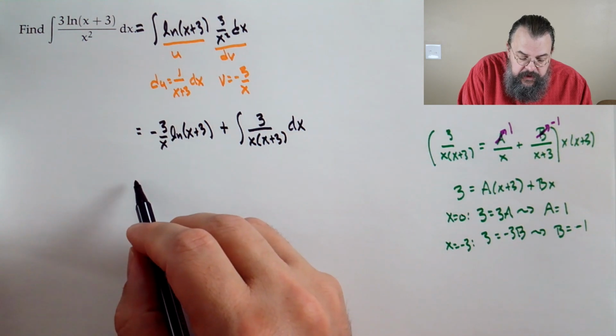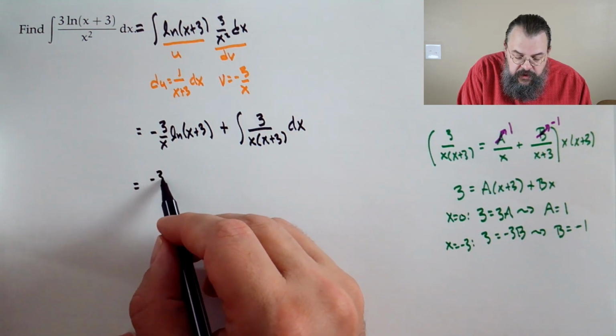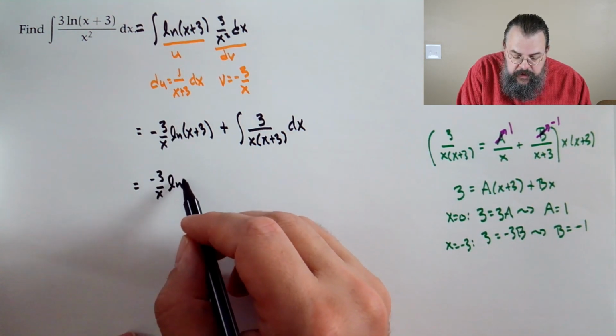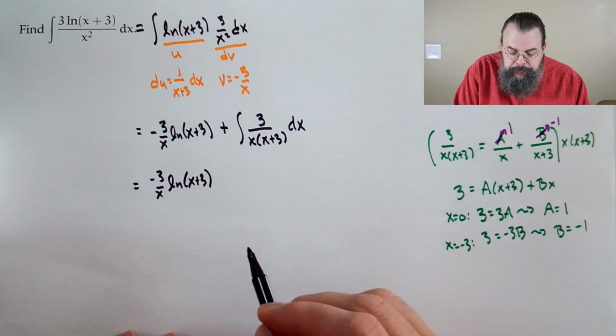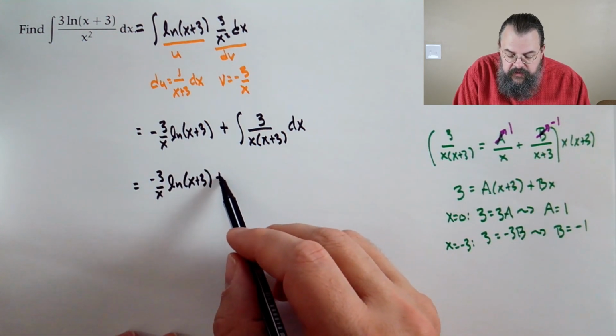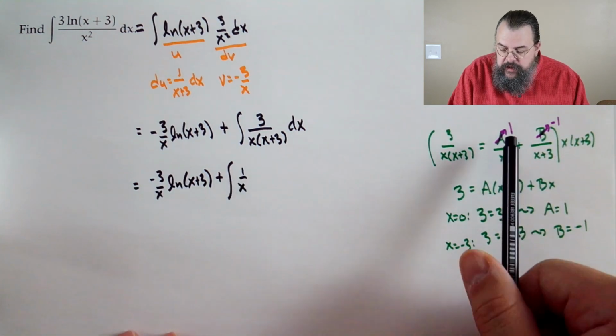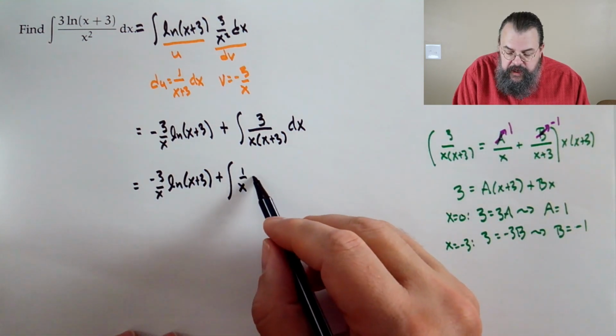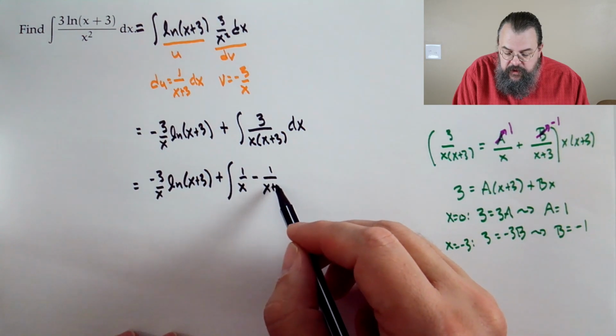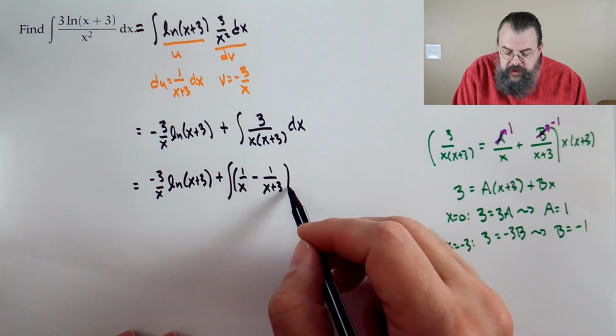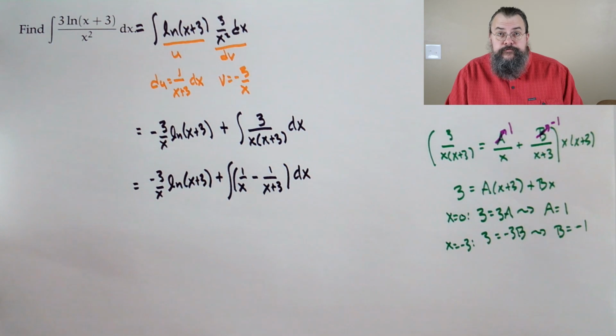We still have in front our minus 3 over x log of x plus 3, and then plus our integral of 1 over x, see our A over x, minus 1 over x plus 3 dx.